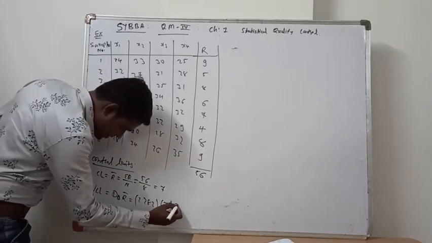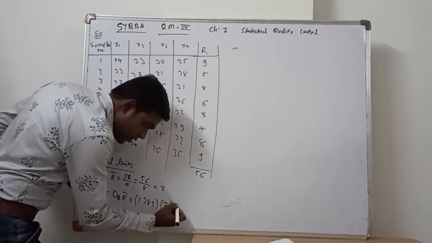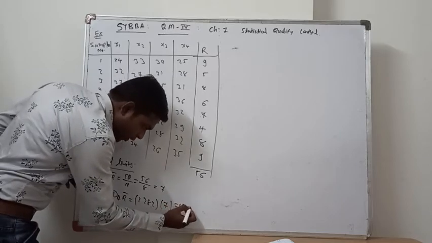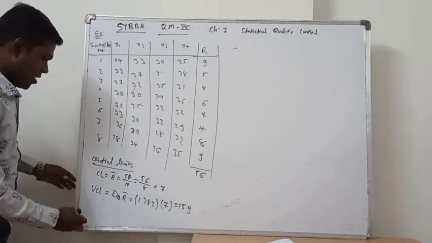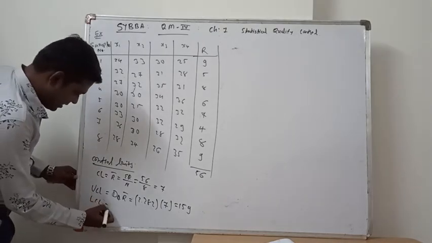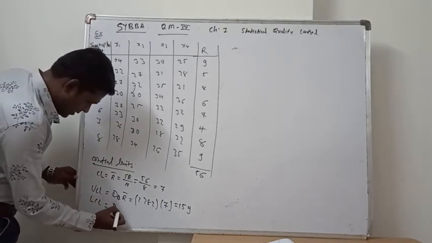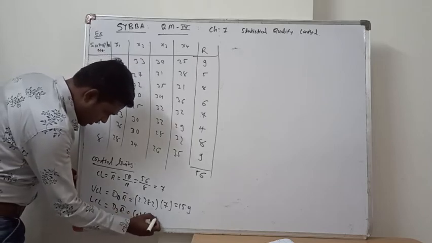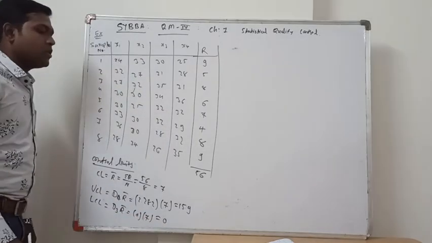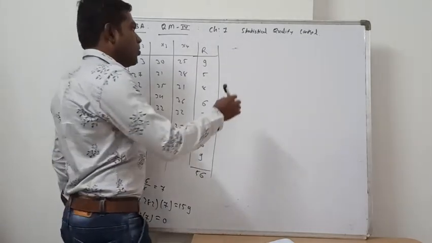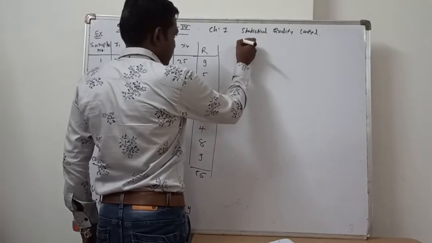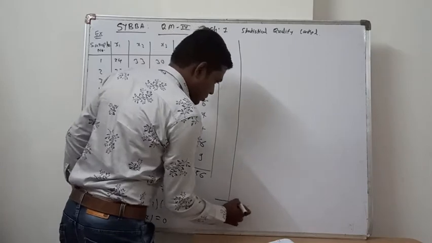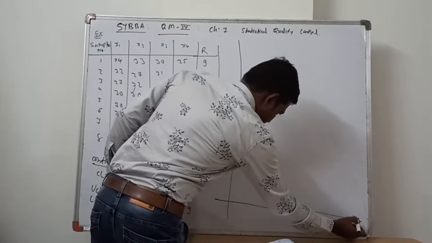And R bar is 7. Then the multiplication answer is 15.9. Next we find the LCL, the lower control limit, that is D3 R bar. D3 is 0, R bar is 7. 0 into 7, the answer is 0. Now we draw the control chart. This is the x-axis.